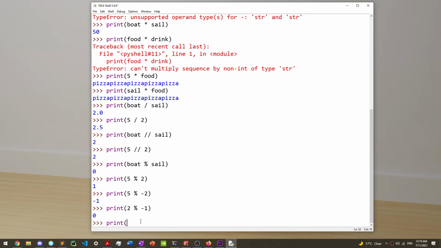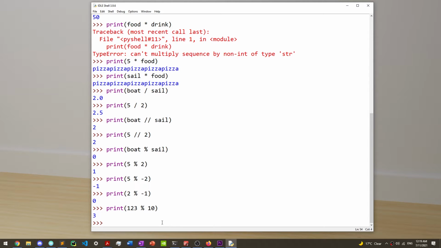Now, what happens if we take a large number, like 123, and mod it by 10? Well, let's see exactly what's going to happen. Before that, let's consider what happens. 123 divided by 10 is going to give us 12, with a remainder of 3.